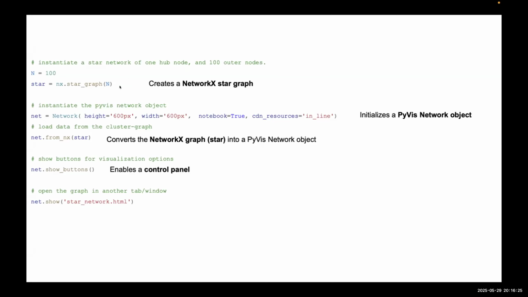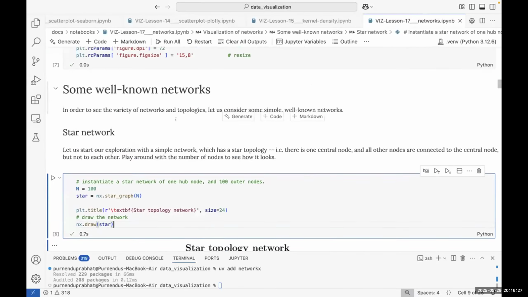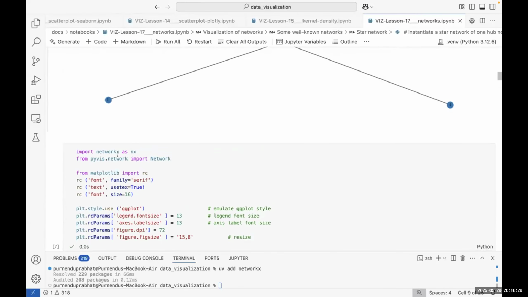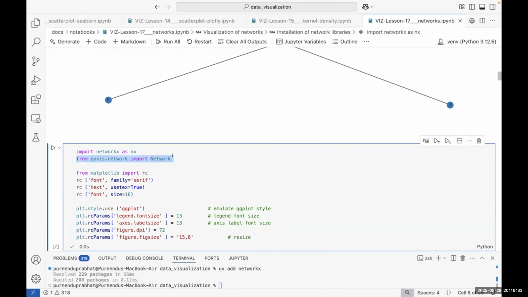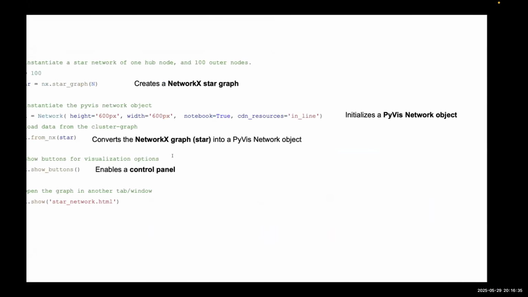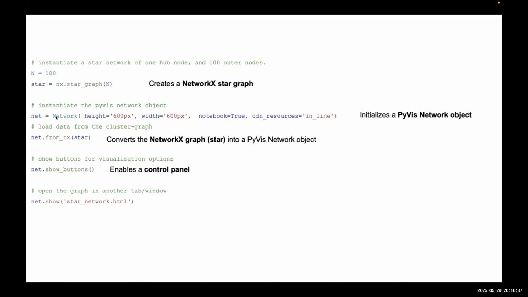Then you have imported, see, from pyvis.network import Network. For pyvis functionality, we are going to use this Network to instantiate the pyvis network object. So net is now the pyvis network object, right?